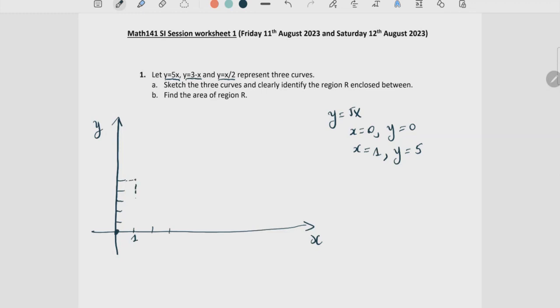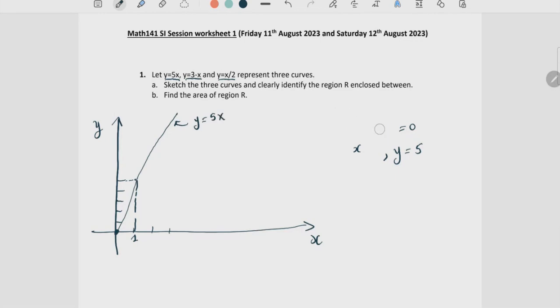So we have that, and we can draw our first curve. So the first curve would look something like this. So this curve is y is equal to 5x.